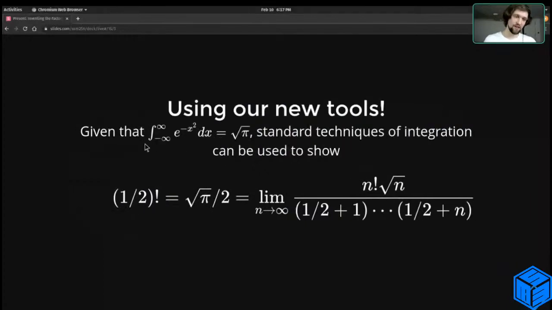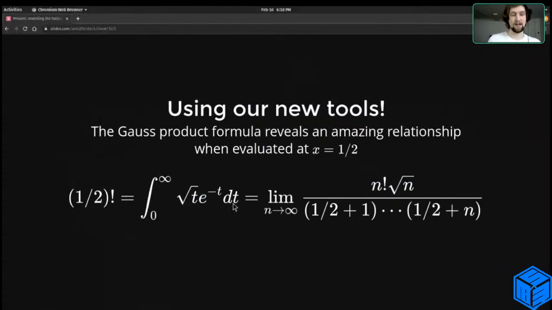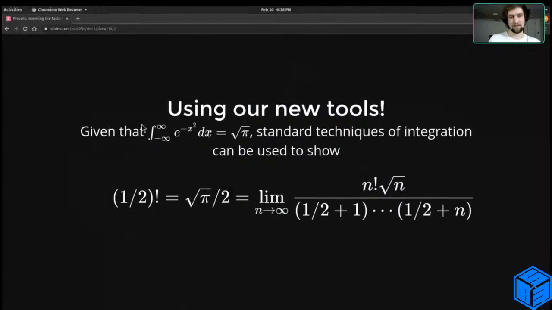And I'll leave it as an exercise for you to figure out that a half factorial, this integral here, is related to this integral here, the Gaussian integral. And so now we have this relationship, which is very nice: square root of pi over 2 equals this limit.